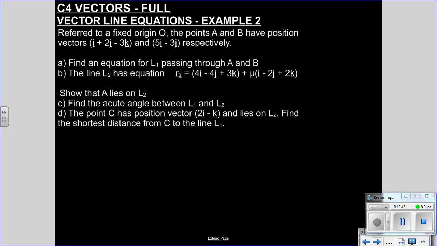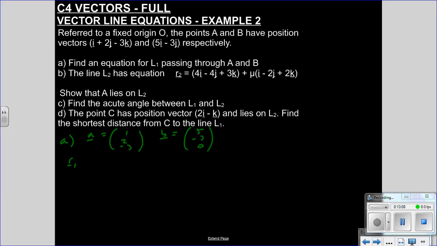So, refer to a fixed origin O, the points A and B have position vectors this and this. Find the equation of L1. Okay, so normal stuff here, isn't it? So A is 1, 2, minus 3, sorted. B is 5, minus 3, and 0, yeah?